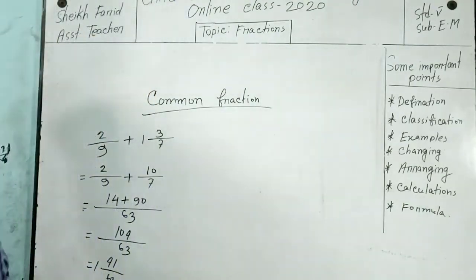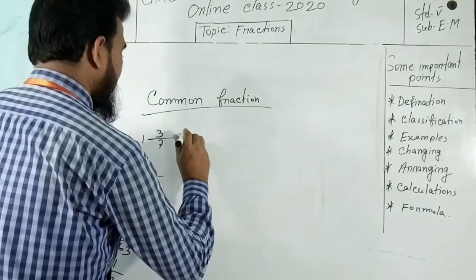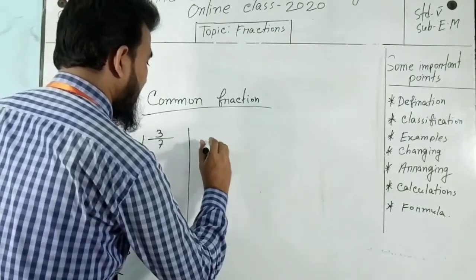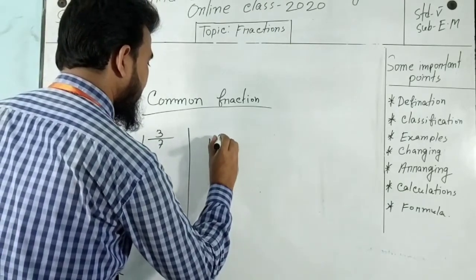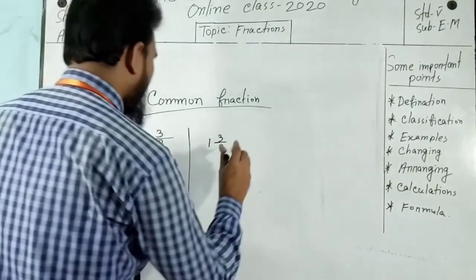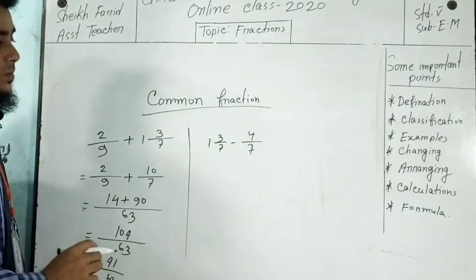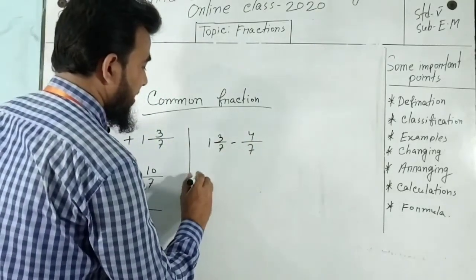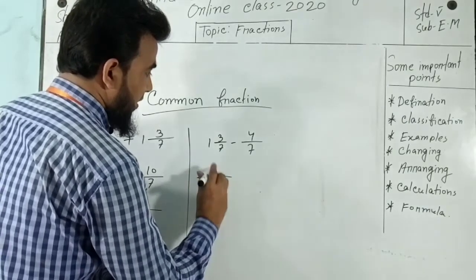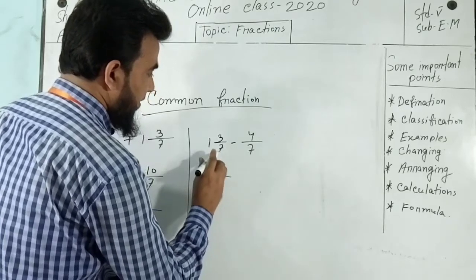Now we can discuss another fraction. Suppose 1 integer 3 by 7 minus 4 by 7. We can now calculate this. Here this is also a mixed fraction. If we transform the mixed fraction into an improper one, we will get 7 into 1, 7.